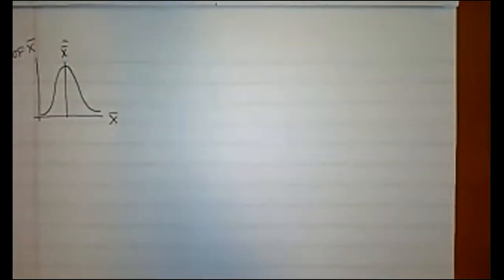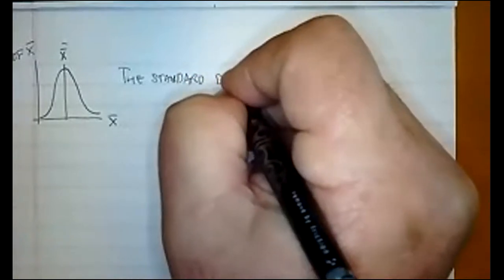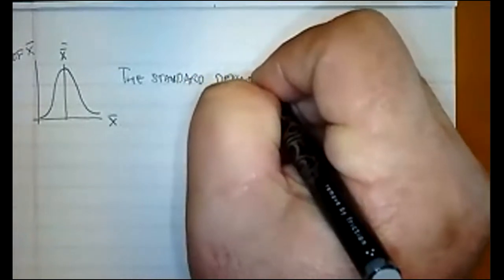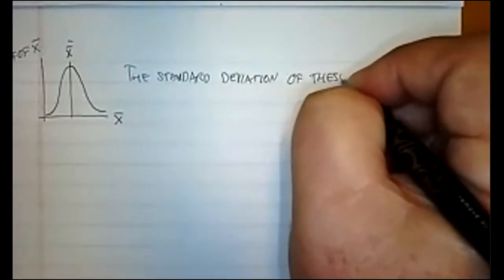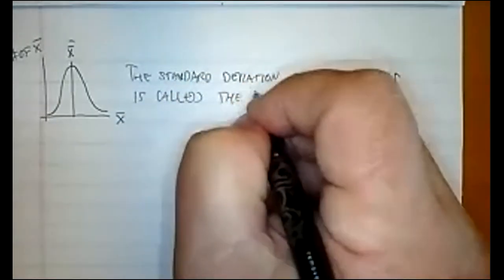So you might write it as X bar or X bar, okay? And then I want to take the standard deviation of these means, which is called the standard error.